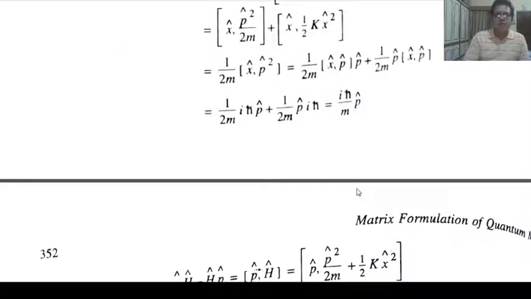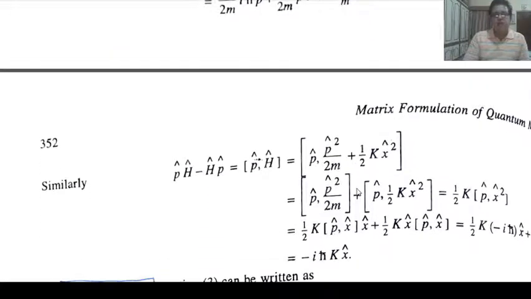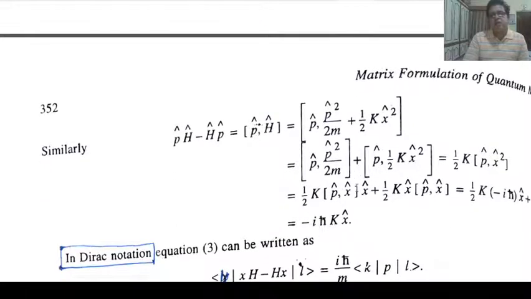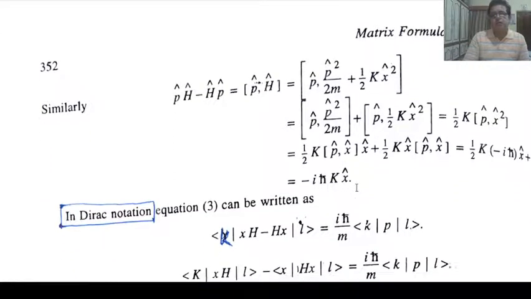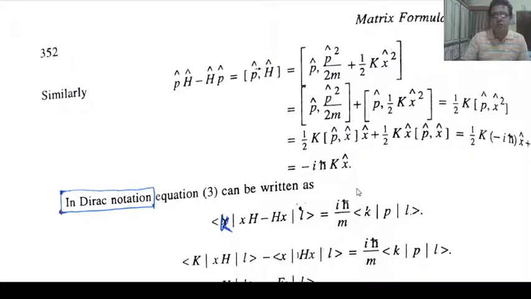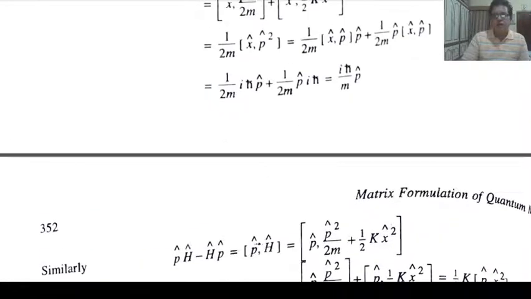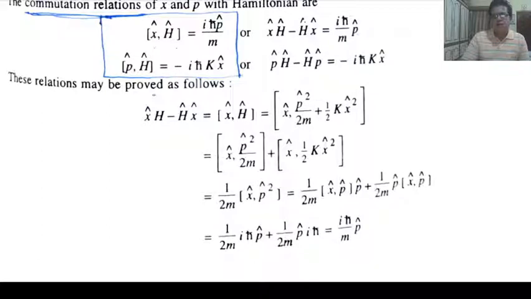Similarly, P cap H cap minus H cap P cap equals minus iota H cross Kx cap. This is equation 3 and this is equation 4.